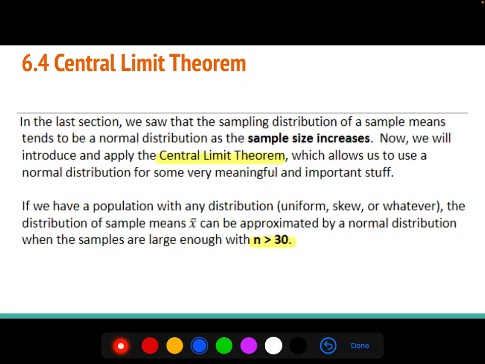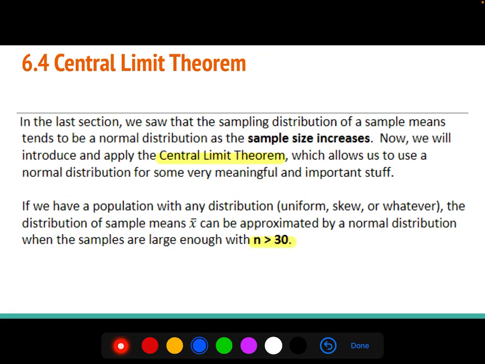Okay, so our next one that we're looking at is 6.4. So continuing this normal distribution, the central limit theorem. We see that as our sample size increases, we tend to get something that is normally distributed. So we are going to call that related to our central limit theorem.